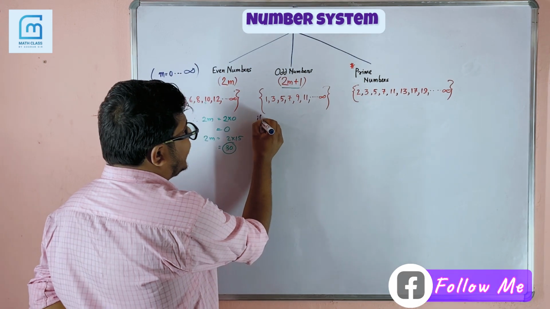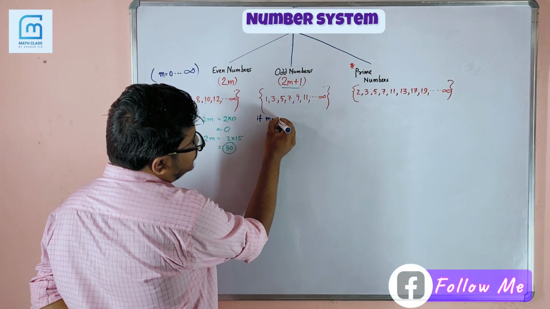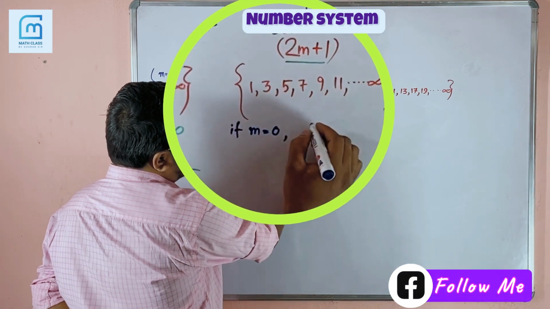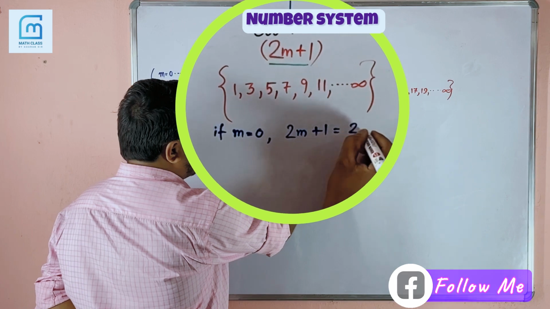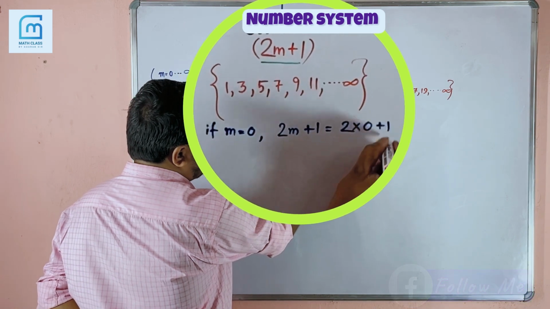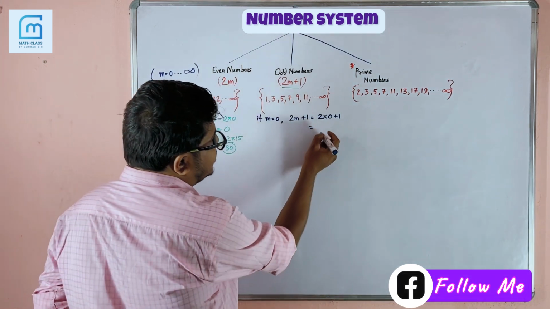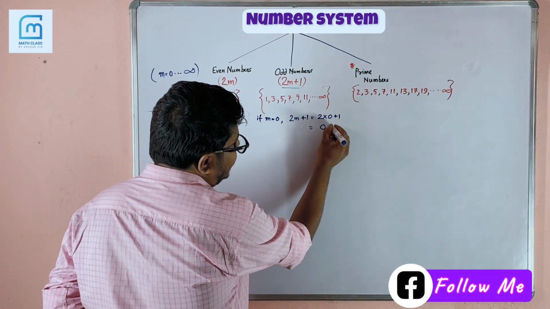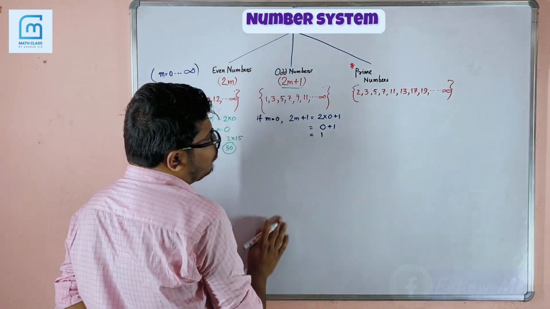If we take again the value 0, so if m equals 0, then the format of the odd number is 2m plus 1. So we can say 2 into 0 plus 1. And we know that if we multiply any number by 0, the answer will be 0, and plus 1. So it will be 1.